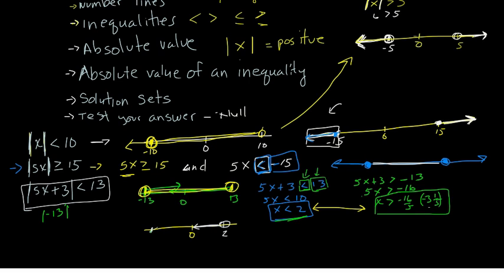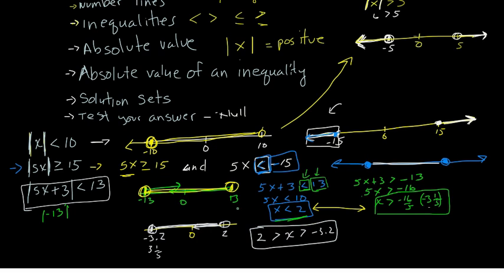So let's just say that's negative 3.2, which is the same as 3 1/5. And that's open too. So that would be the solution set. x is greater than negative 3.2, and x is less than 2. That's how you would write that.